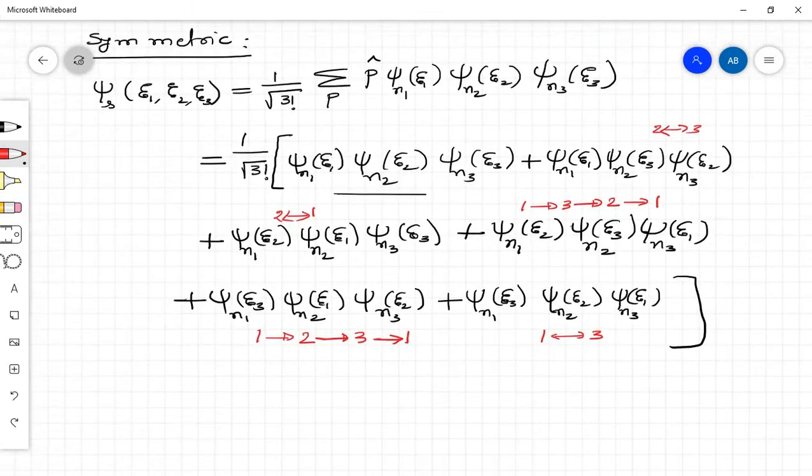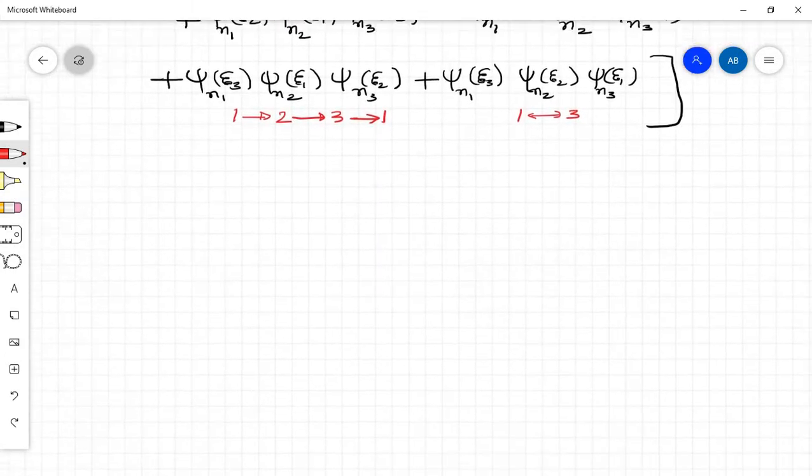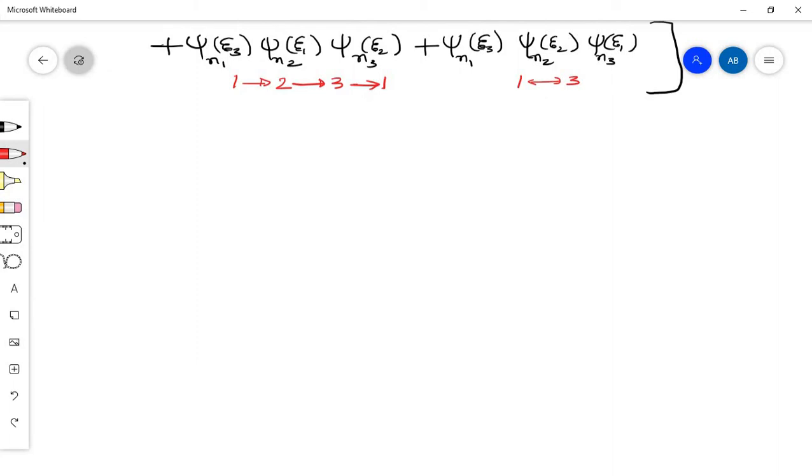Okay, fine. Let us construct the antisymmetric function. Antisymmetric is easy because it is simply the determinant.